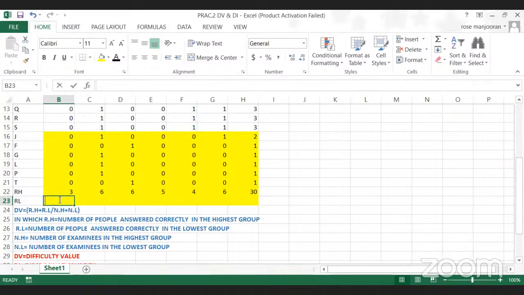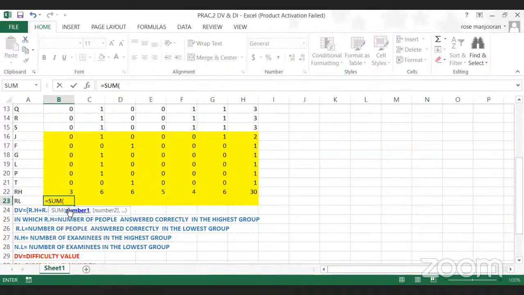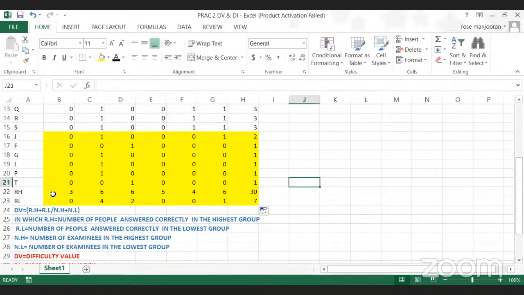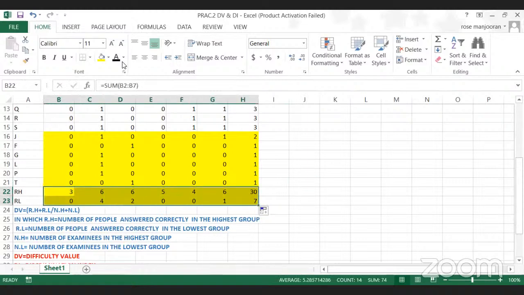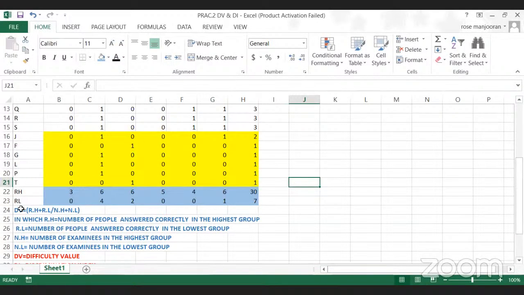So again you find the sum, then you select from the lowest, that is the 6 individuals. Select up to here, then enter. Then you have the answers right here. I'll just make it more visible. So this is our answer for RH and RL.